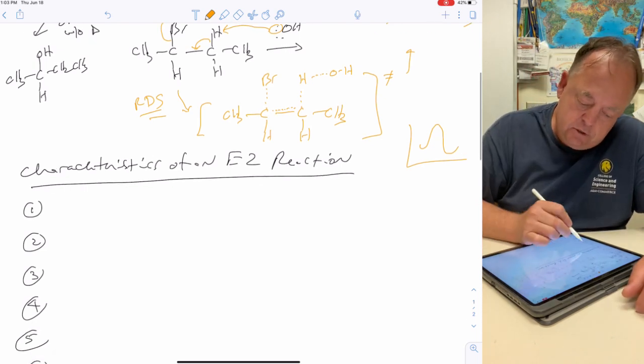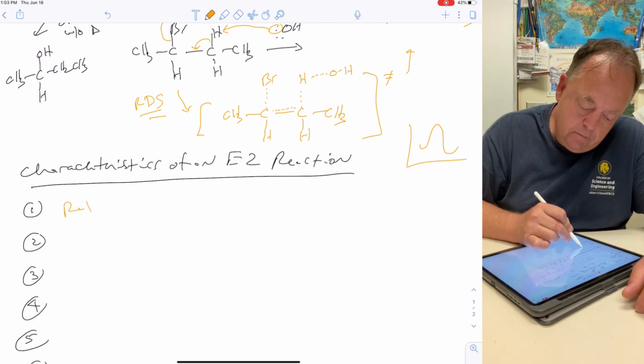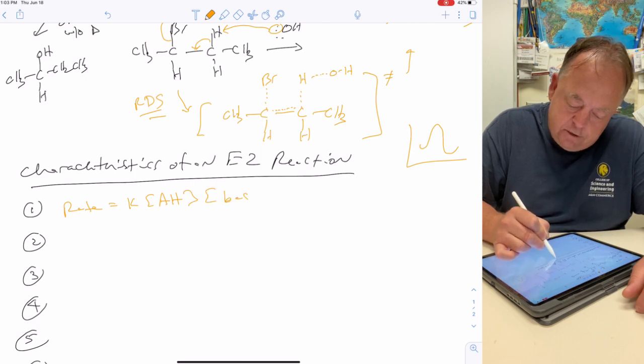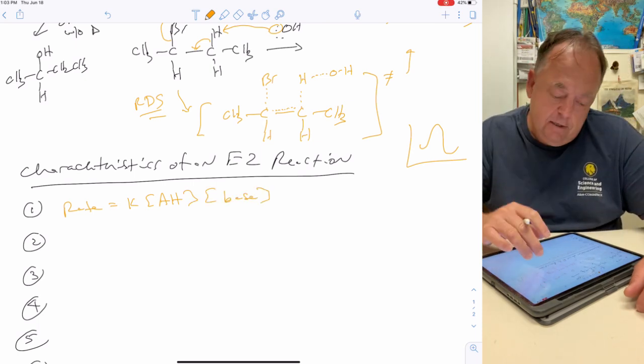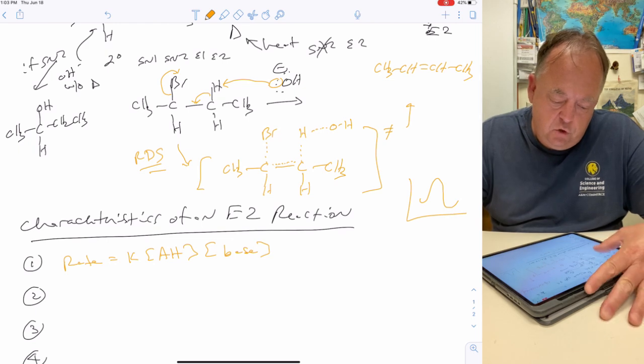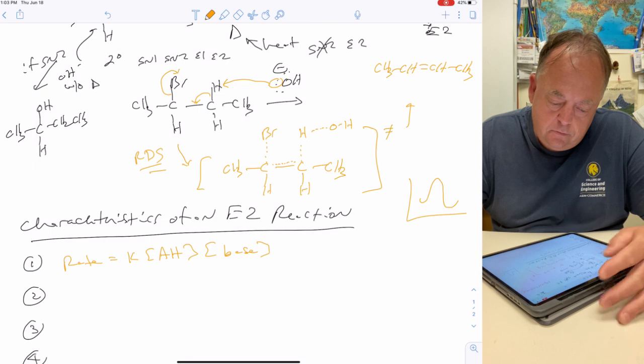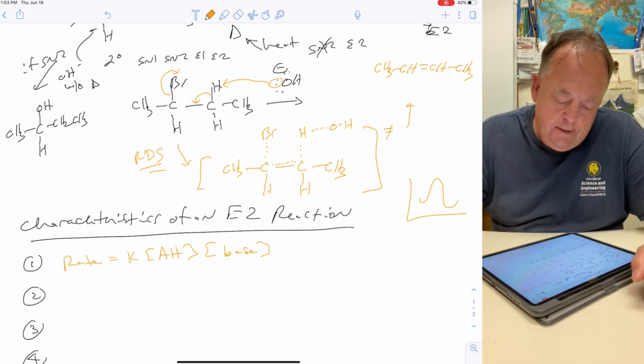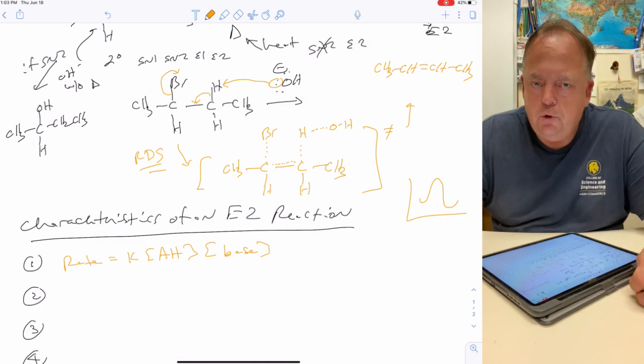So some characteristics of an E2. Similar to an SN2, the rate depends on the concentration of the alkyl halide and the concentration of the base. If you double the concentration of the 2-bromobutane, that doubles the rate. If you triple it, that triples the rate. If you triple the concentration of hydroxide, that triples the rate. If you double both, that would quadruple the rate.